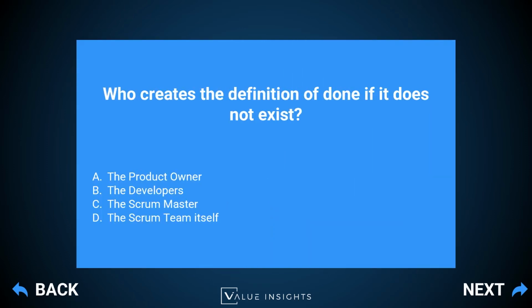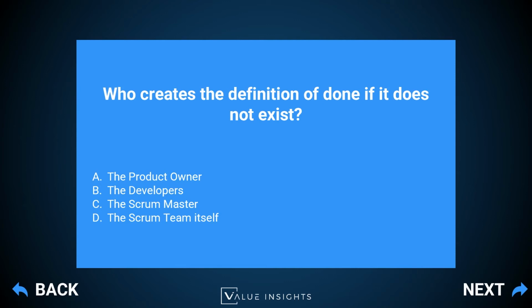So what the Scrum Guide says about the definition of done is that if a definition of done exists in an organization, then the Scrum team will take the definition of done from the organization as a minimum, and then they can improve over it. But in case the definition of done doesn't exist, then the Scrum team will create that definition of done.